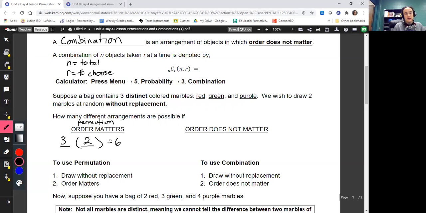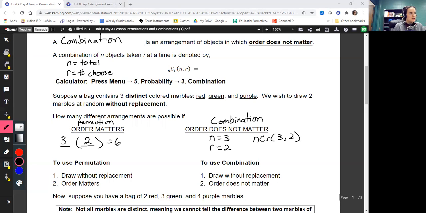And then we're doing order doesn't matter, meaning that we have a combination. We have 3 things total to choose from, and we're choosing 2 of them. So we have nCr 3, 2.